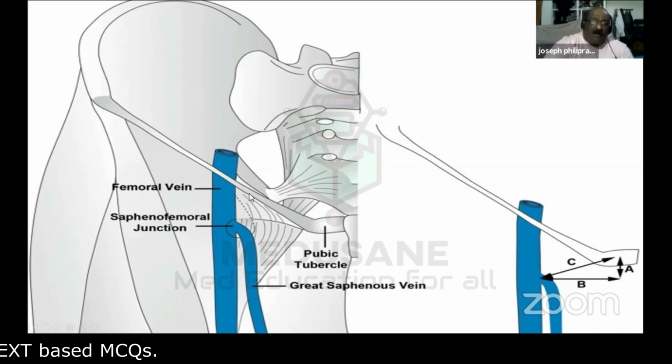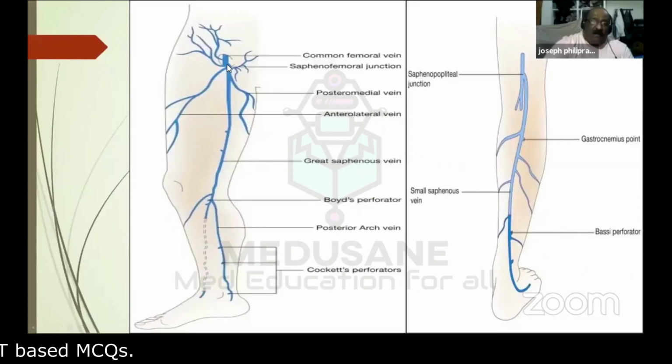Now, like I said, the great saphenous system opens into the femoral vein at the fossa ovalis or saphenous opening. Along with that, there are some tributaries which can open in. One is the superficial external pudendal, then superficial circumflex iliac and superficial epigastric.